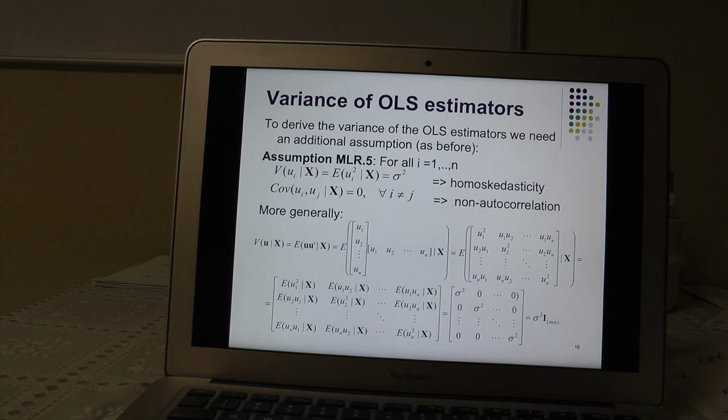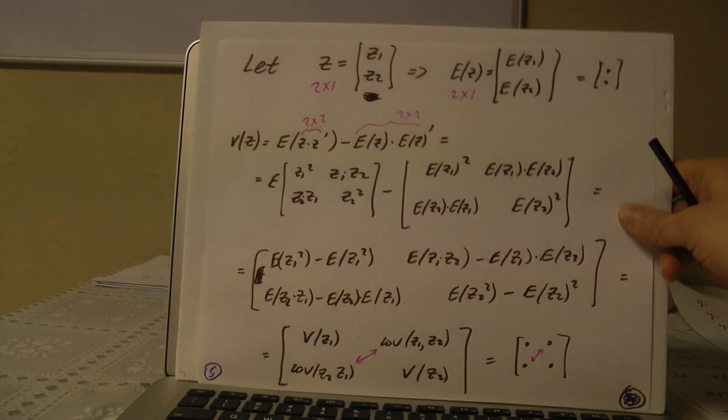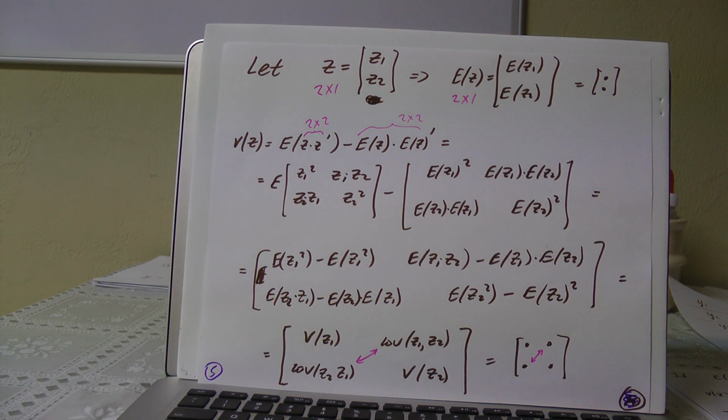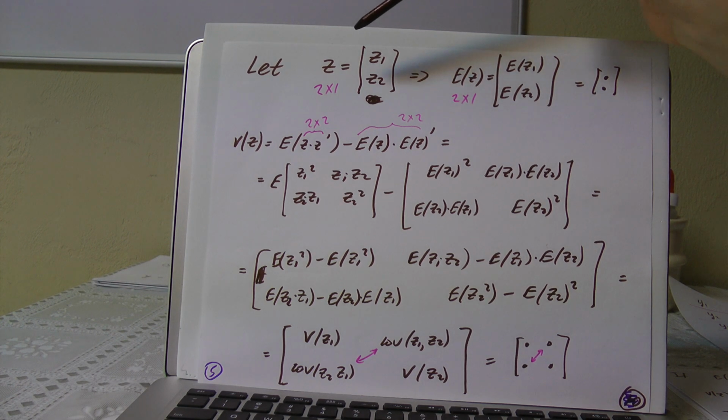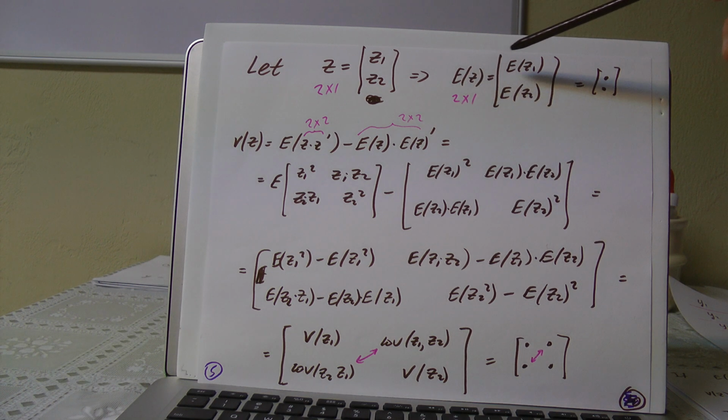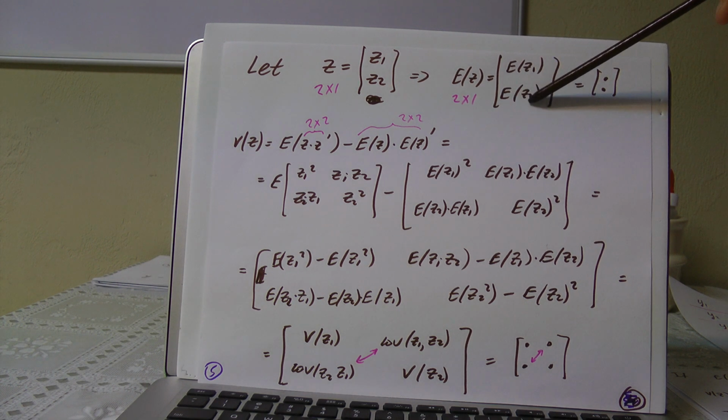Let me take one step at a time, and let me give you a couple of rules. If you are looking at a vector, vector z here has two elements, z1 and z2, for simplicity. The way expectation of z works is that expectation goes up here and down here.